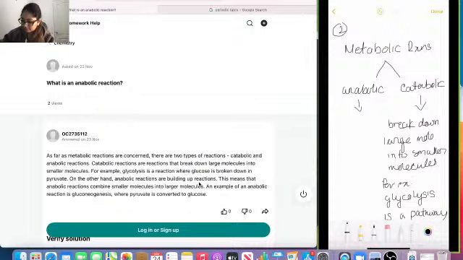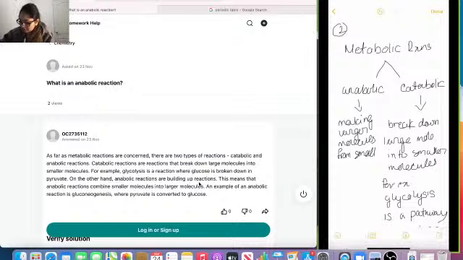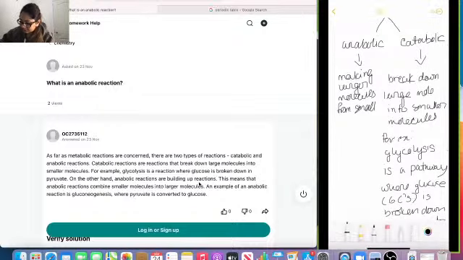So you're making a large molecule from smaller molecules, right? You can literally reverse this and just say that you're making glucose from pyruvate.